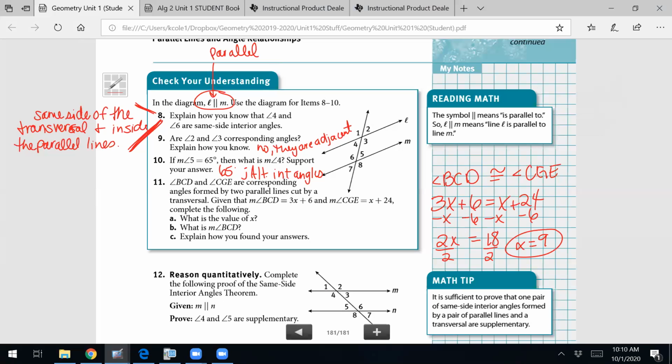Okay, so x equals 9. Then what does that make the measure of BCD? Just plug in. What's 3 times 9? 27 plus 6? 33? Thank you. Leave it to the math teacher to mess up the math.